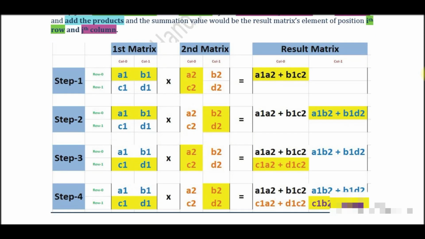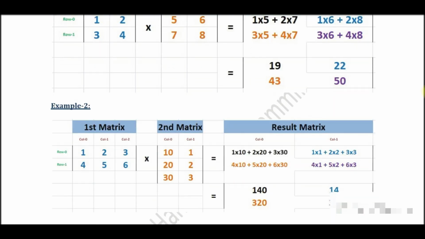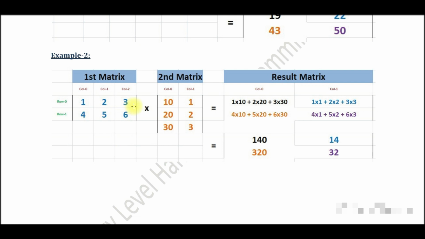You can see the row count of the first matrix is 2, so the result matrix row count is also 2, and the column count of the second matrix is 2, so the column count of the result matrix is also 2.